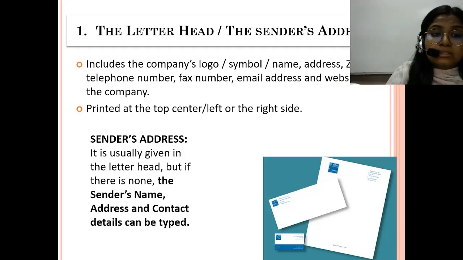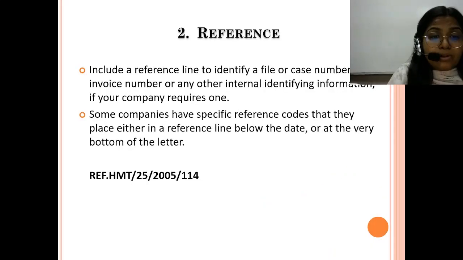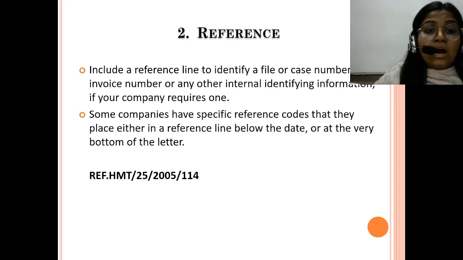Now let's come to the next topic, that is references. What are references and what do you understand by references? References include the identification, a file or a case number. Some companies have a specific reference code that they place either in the reference line below the date or at the very bottom of the letter.